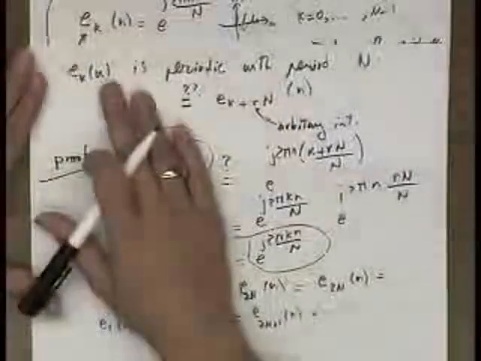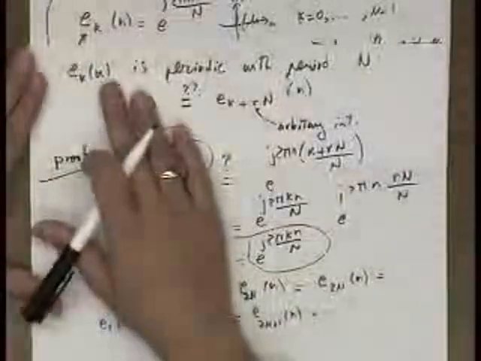So we have these exponential functions, e sub k of n. They're discrete time and they're periodic with period N. And what the discrete Fourier series is essentially doing is decomposing my signal x tilde of n along these exponentials. This is the weight of my decomposition for the kth exponential.